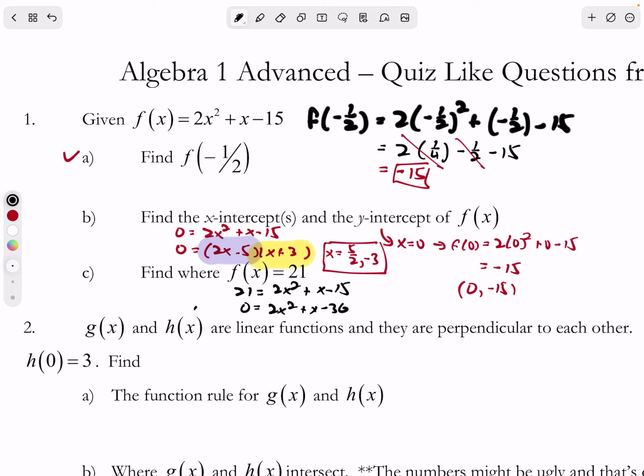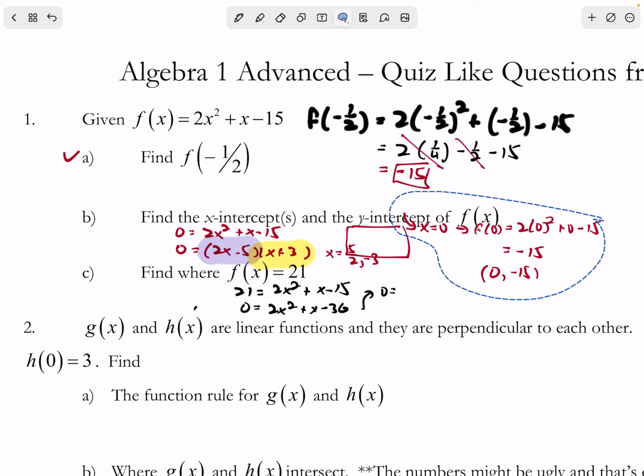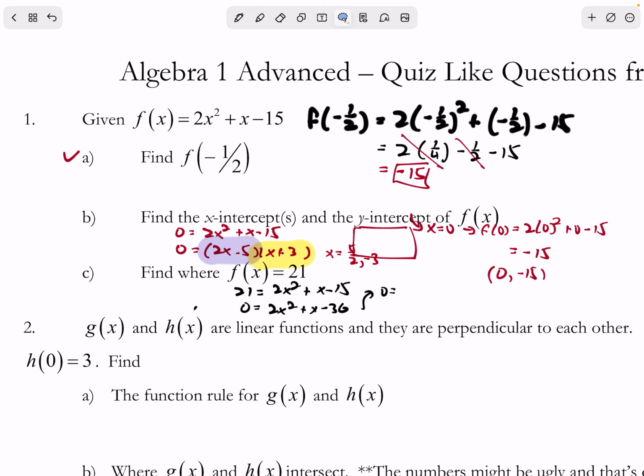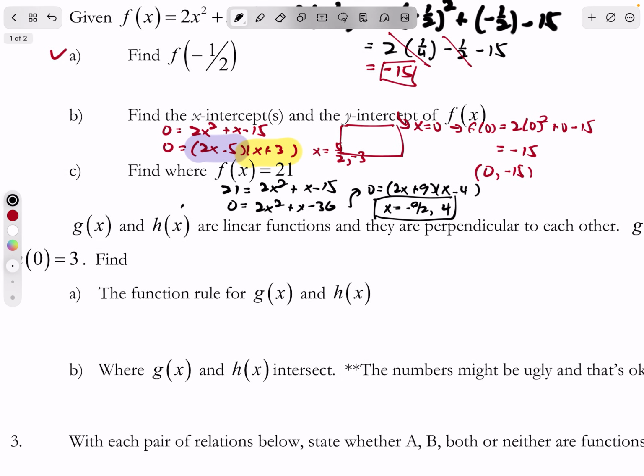And let's factor this. 0 equals, what is that going to be? 2x and x again? Let's see. How about 2x plus 9, x minus 4? So x can be negative 9 over 2 or 4. And that's the values of x where the function is 21.